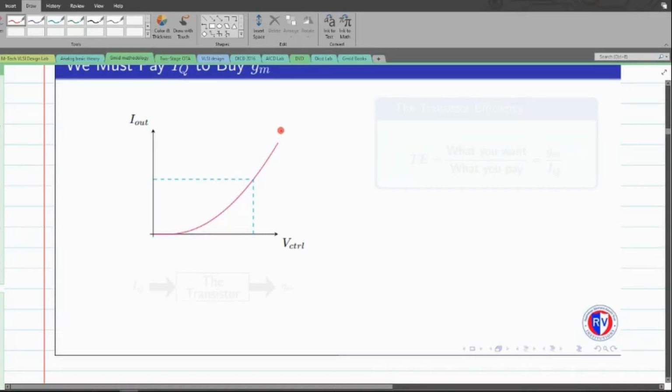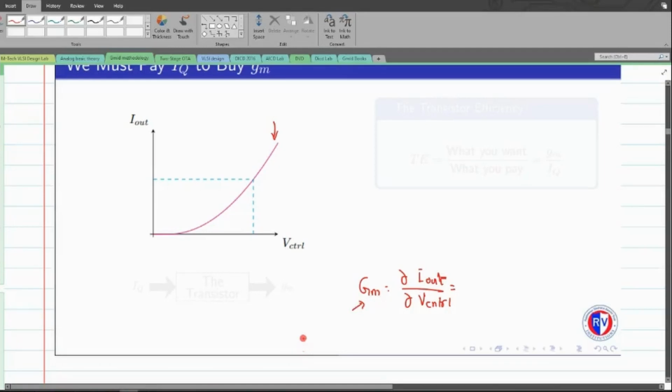So now we know that GM is basically defined as the partial derivative of this output current component divided by the partial derivative of this input voltage, which is the V control. Or this GM can also be visualized as a kind of first derivative of this particular graph.